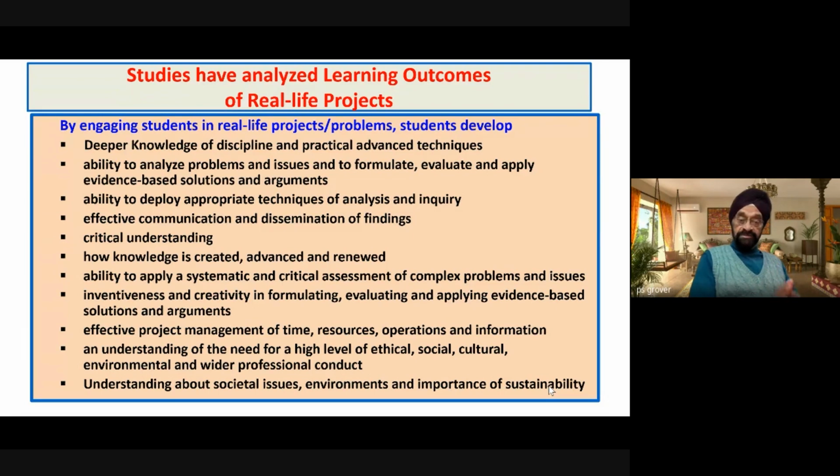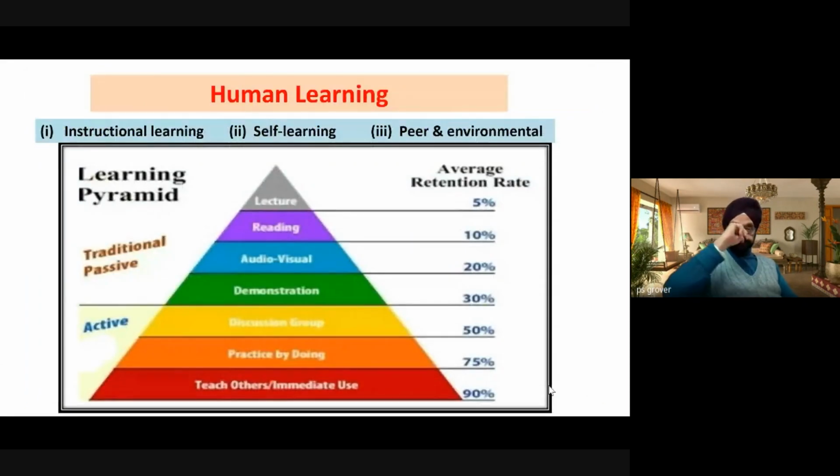Now, I will list it just as a sample to make you realize that for the project we must have the learning stated beforehand, in addition to the knowledge. So keep this point in mind. Why should we do it? The reason being, human learning is not only from classroom lectures.